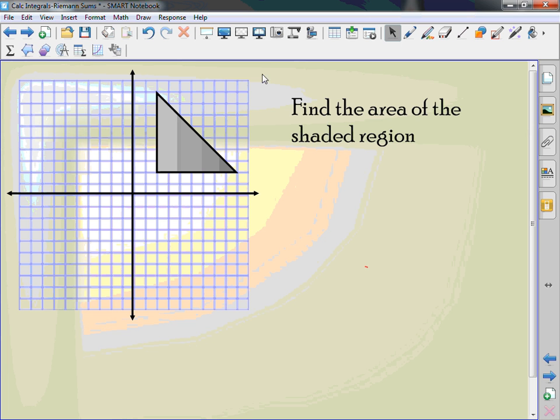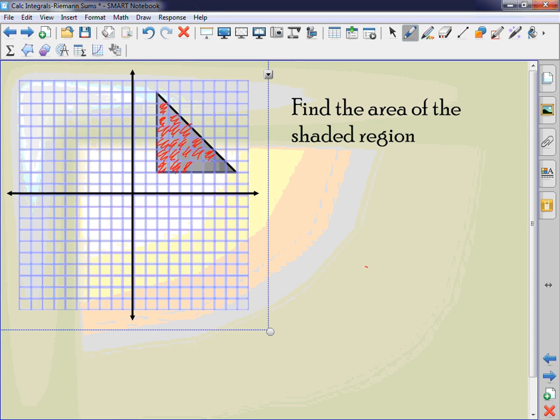Now for this one, it's a little bit different. I have 1, 2, 3, 4, 5, 6, 7, 8, 9, 10, 11, 12, 13, 14, 15. What do you notice?